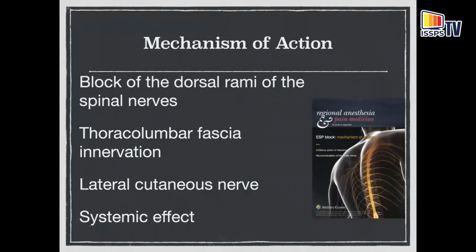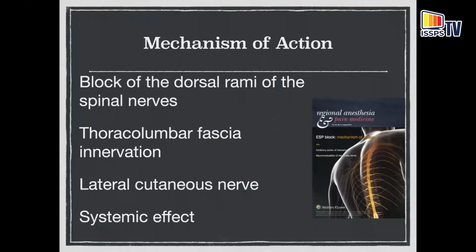It's possible, and we noted this in our cadaveric study, spread. Potentially, in some patients, this could get as far as the lateral cutaneous nerve. Also, there could be a systemic effect. A systemic effect is quite likely because of the large dosages of local anesthetic administered with an Erector Spinae block.